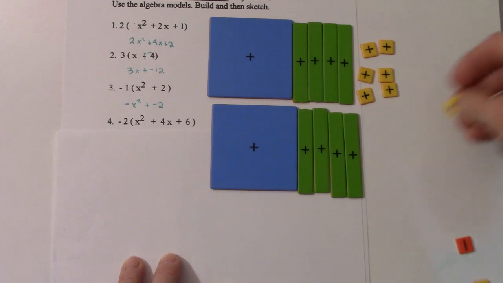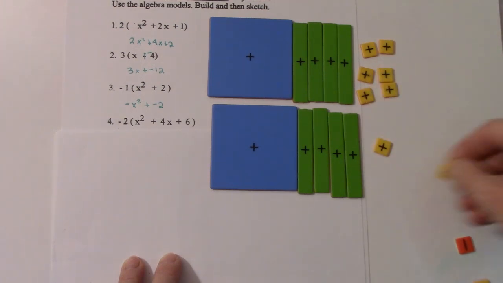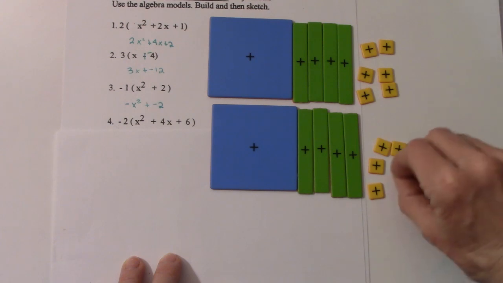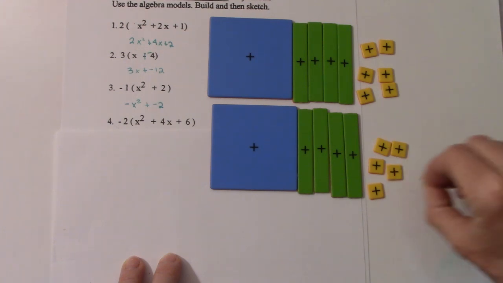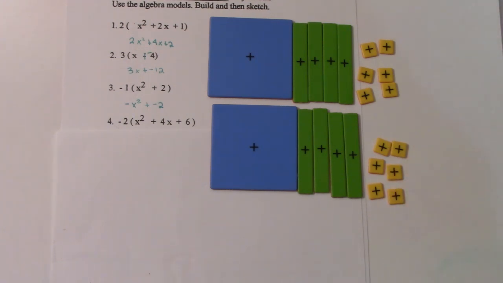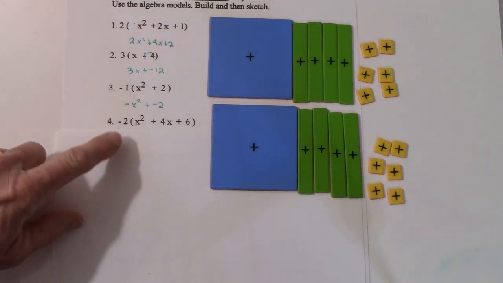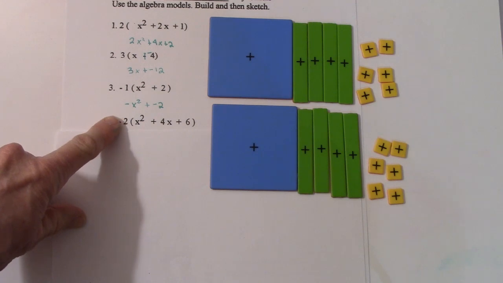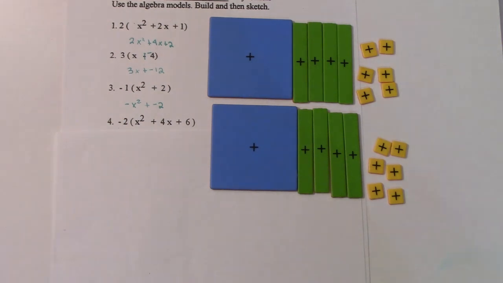So I have x squared plus 4x plus 6, and then I have two groups of those, and now the negative says change the signs for everything.